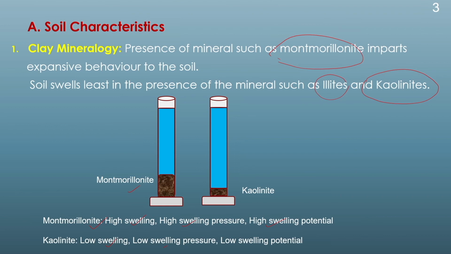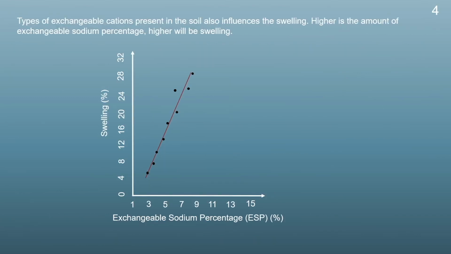Not only the type of mineral, but also what kind of exchangeable cations it has controls the swelling behavior. Take montmorillonite as a mineral. We know montmorillonite has different types of exchangeable cations in it, and all these exchangeable cations are not equally swelling type. For example, if the montmorillonite has a large amount of sodium as an exchangeable cation, then the swelling will be more.